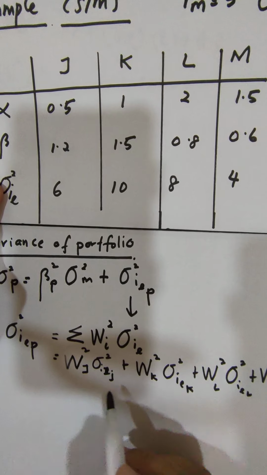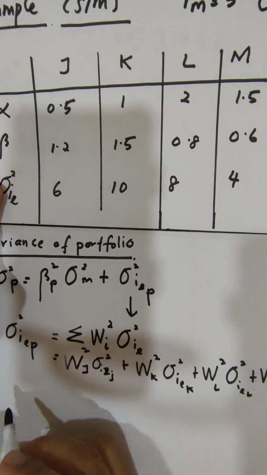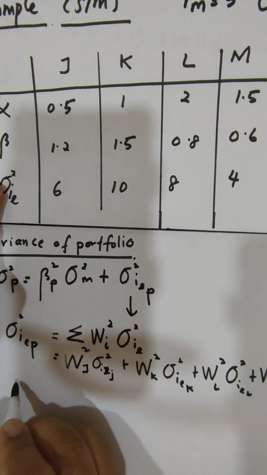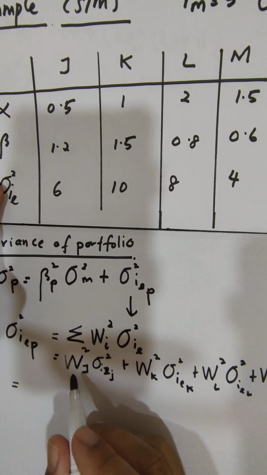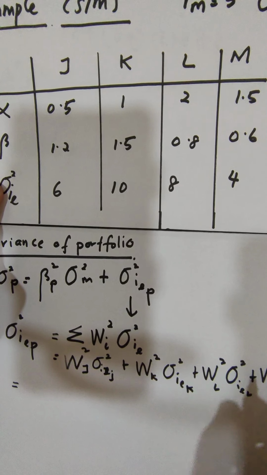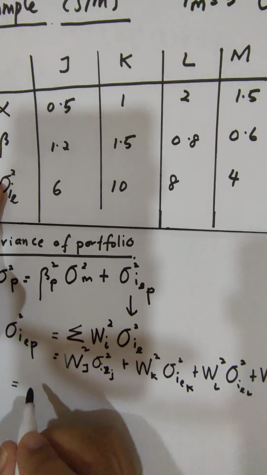Based on the formula that you have constructed, you just plug in the numbers. The weightage for each of the assets, which have been equally divided, is 0.25.